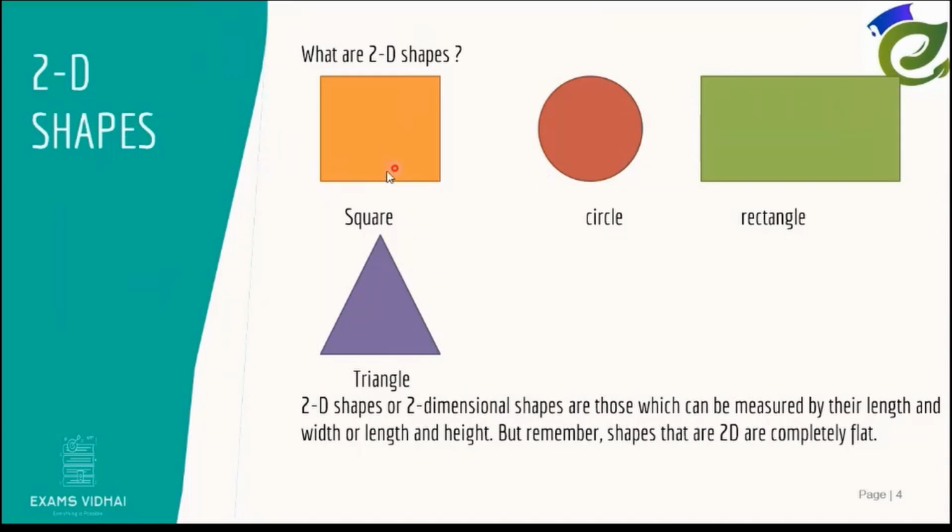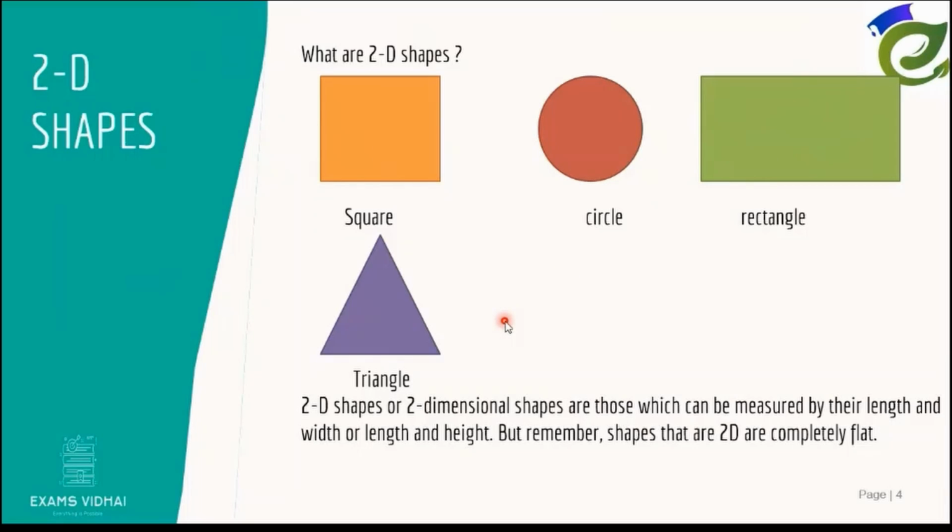So for a square, we'll see the side length. For a circle, we'll see the radius. And for a rectangle, we'll see the length and the breadth. But the thing we need to remember about these is they are completely flat.